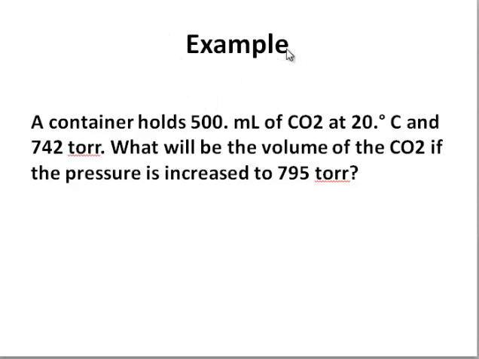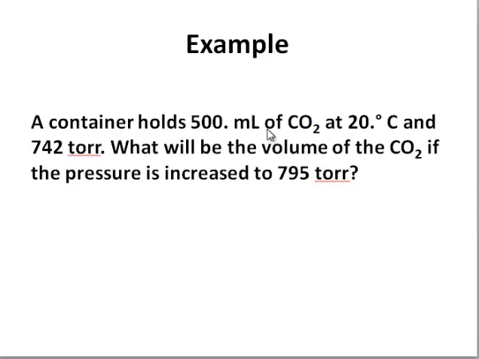Here's an example of a typical Boyle's law problem, in fact selected from the list of exercises, which I will put up. A container holds 500 milliliters of carbon dioxide at 20 Celsius and 742 torr. What will be the volume of the carbon dioxide gas if the pressure is increased to 795 torr?